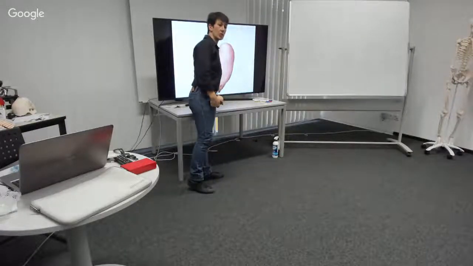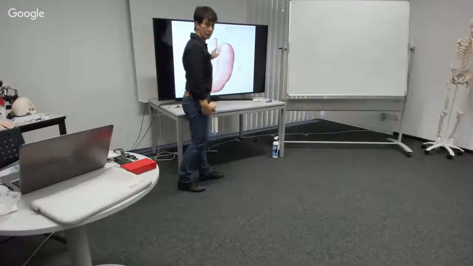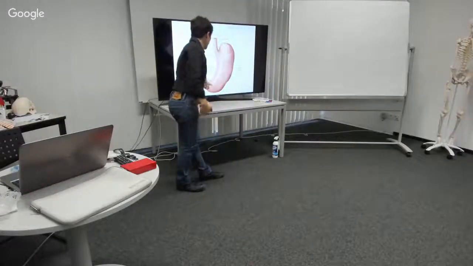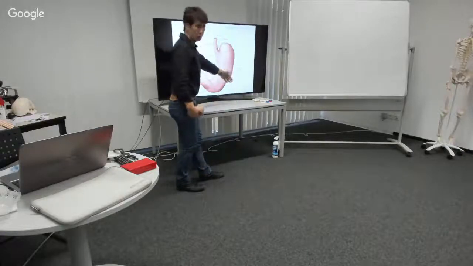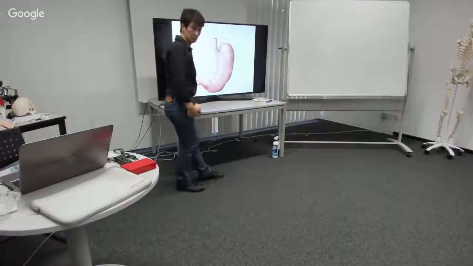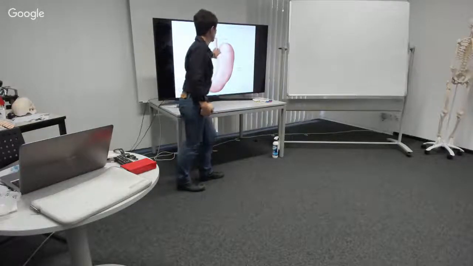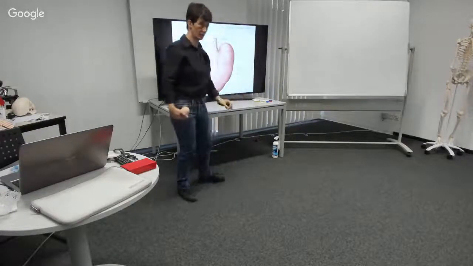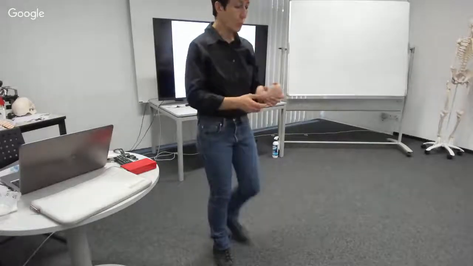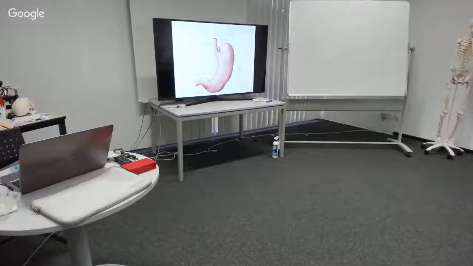But I have a production in the cardia that is close to the esophagus, and in the pylorus, the pyloric part of the stomach that is close to the duodenum, that is not acid. This is to protect the duodenum, and this is to protect the esophagus. So how do we find these different parts in the stomach?